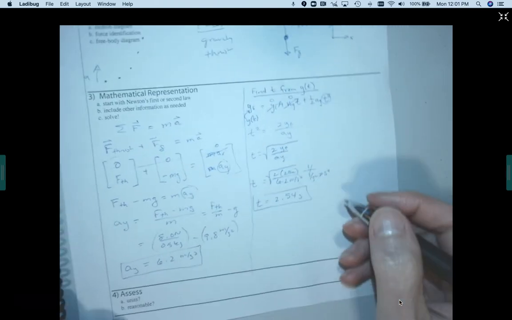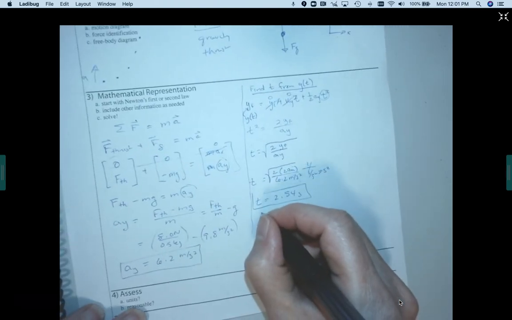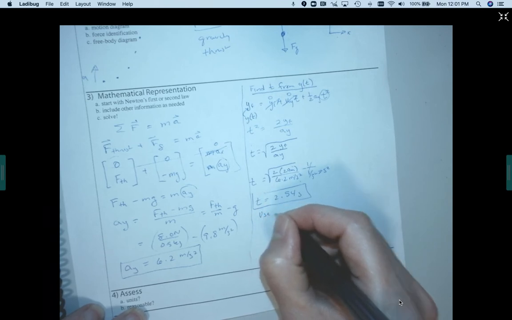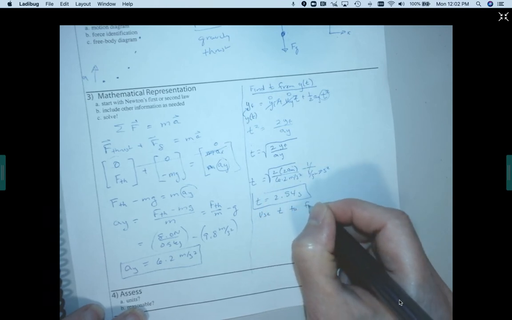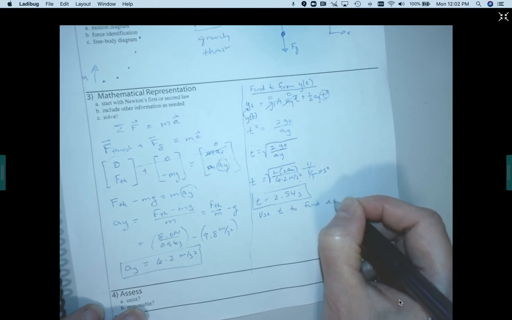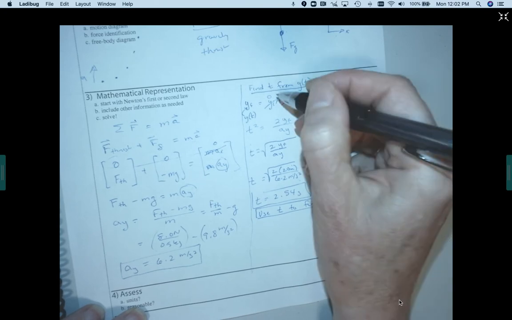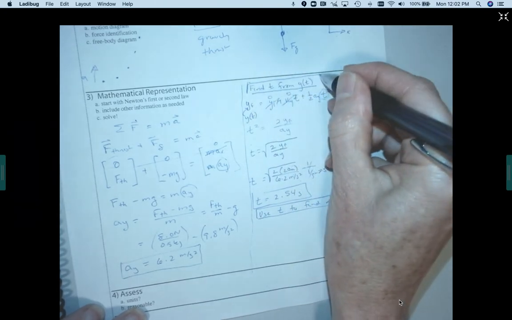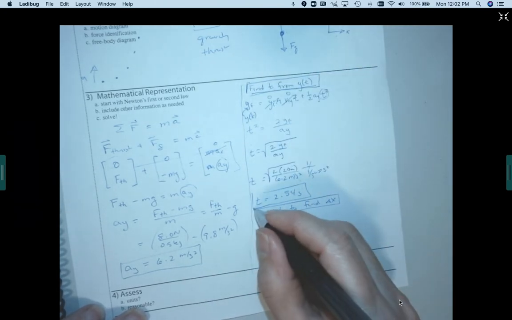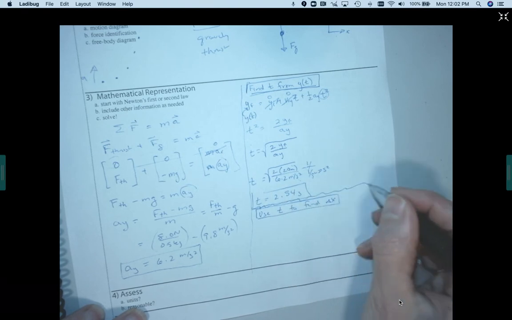Okay, so now we can use t to find the x. This is part 3.